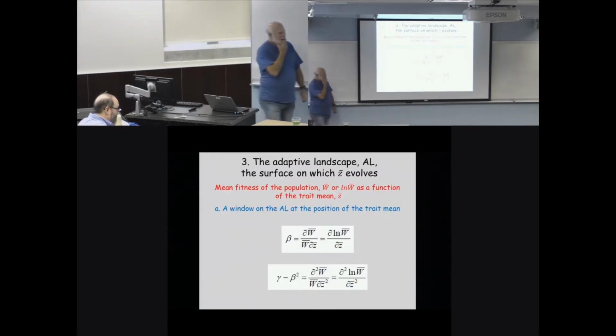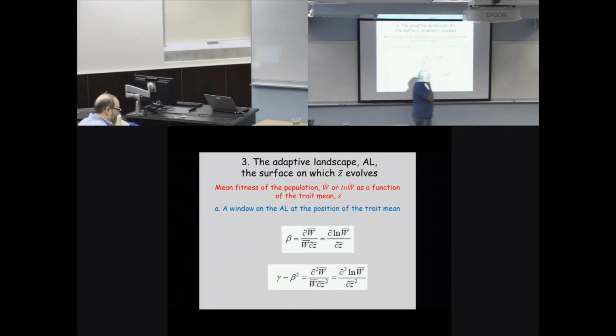Okay, now let's talk about the adaptive landscape. What is it? It's something we've all heard about. It is the surface of W bar, or the natural logarithm of mean fitness in the population, as a function of the trait average, Z bar, before selection. And there is this nice result that we don't have to take any weighted average or anything.